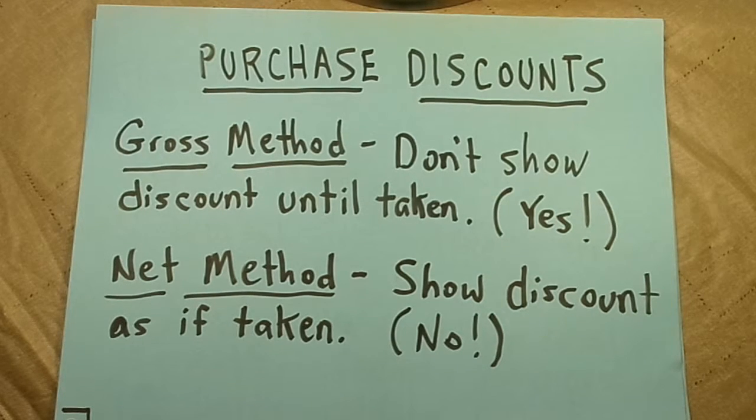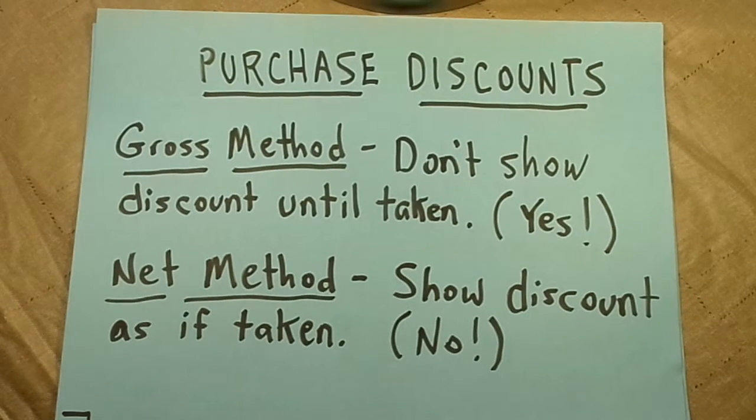Later, if we choose to take the discount, we show adjustments to make the purchase price a little lower. The net method, the one we're not doing, assumes that we always take a discount because a discount is such a good thing. And here we actually record the merchandise at the lower price when we buy it, and if for some reason we didn't take the discount, we'd mark it up later.